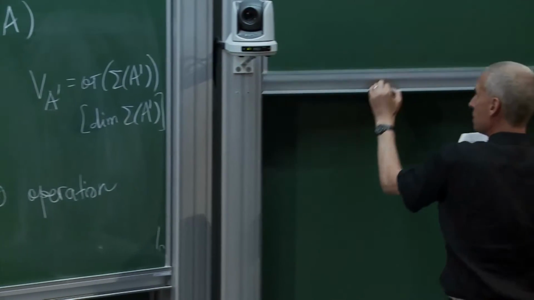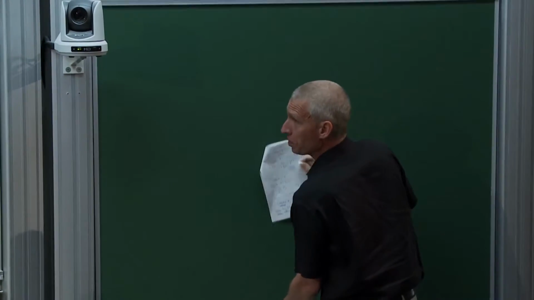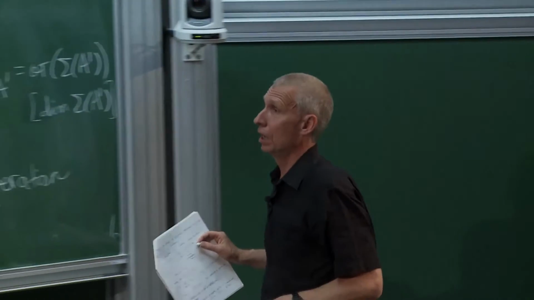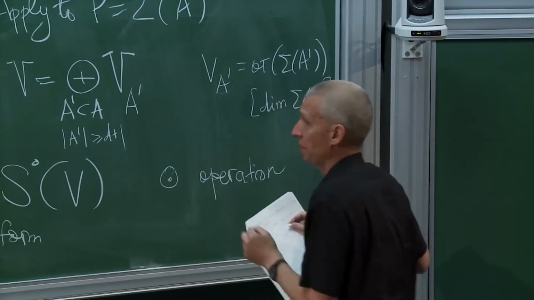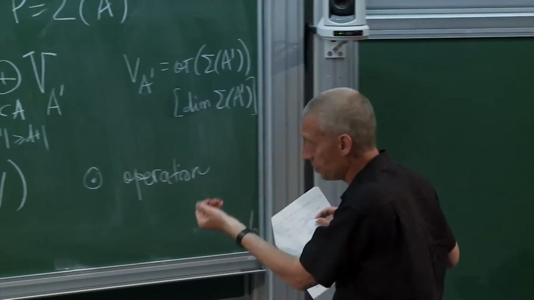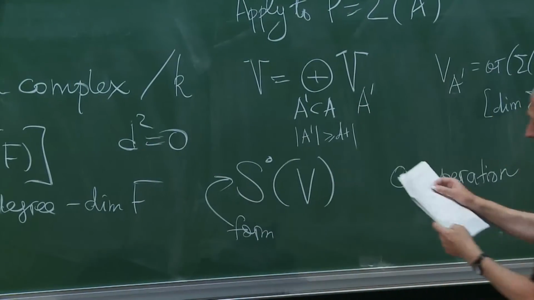So my claim is that the factorization property of the secondary polytopes implies that this algebra acquires a differential, an algebra differential, satisfying d squared equals 0.